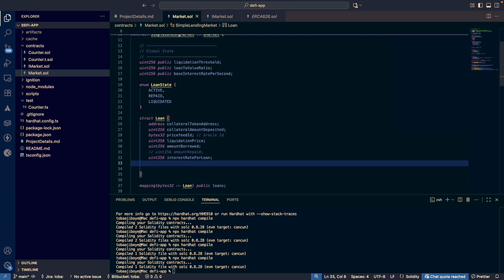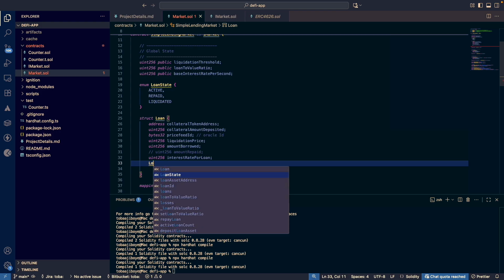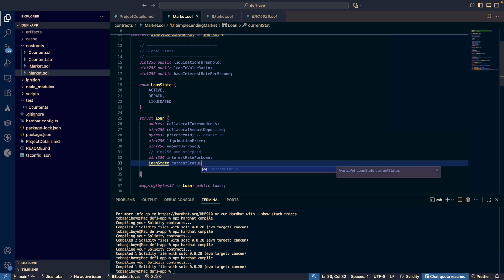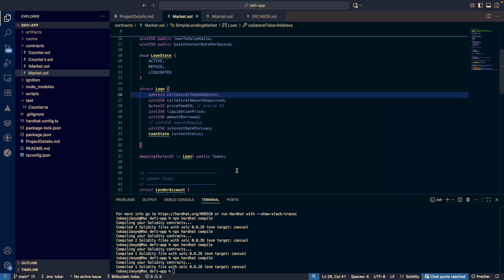So we just created an enum. An enum is a data type, a custom data type. So we call loan state here, and then we say current state. Some people say current status. Okay. Yeah.